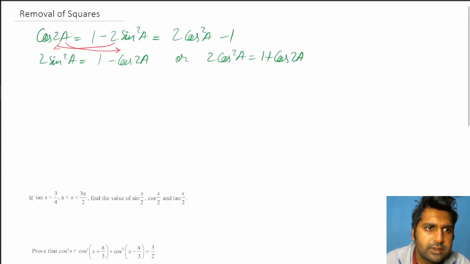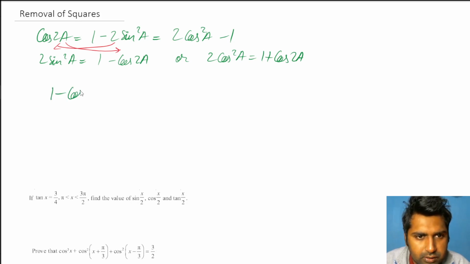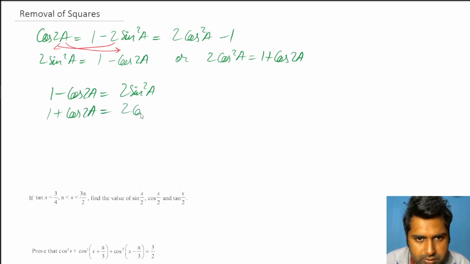There are a lot of forms to deal with, but I personally prefer this one because we can generate variations through it directly. Directly learn: 1 minus cos of double angle is 2 sine square of the half angle, and 1 plus cos of double angle is 2 cos square a.